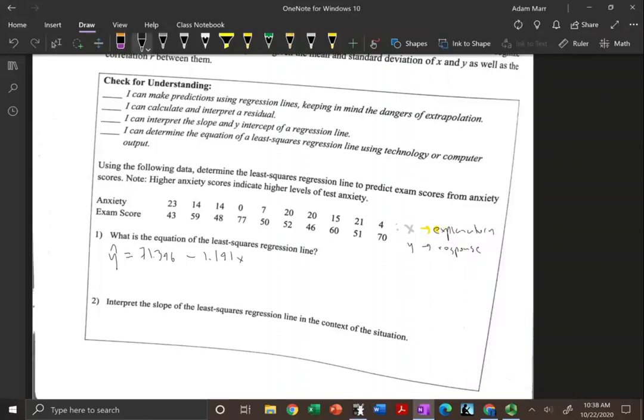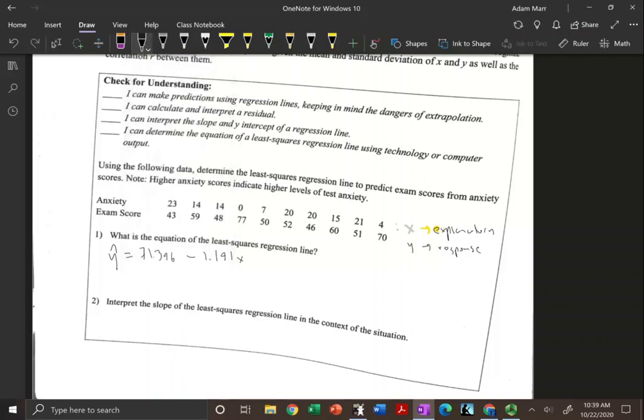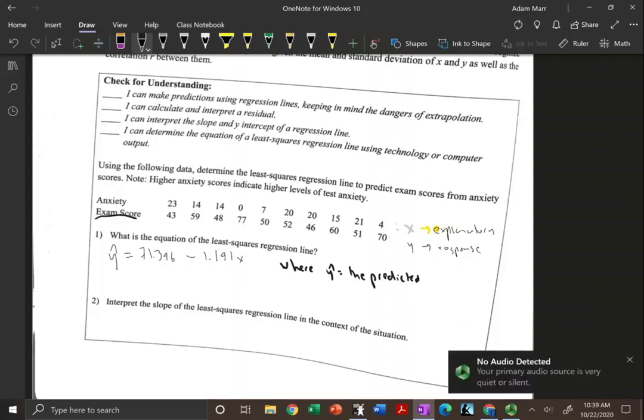Also, when you write this, they didn't say to put this, but you should mention what is y hat and what is x. So we'll say where y hat is the predicted exam score, and where x is the anxiety score.